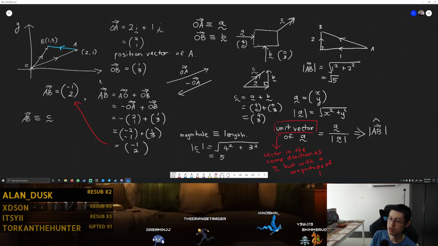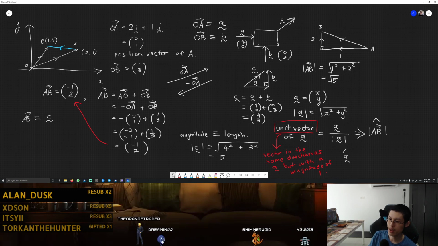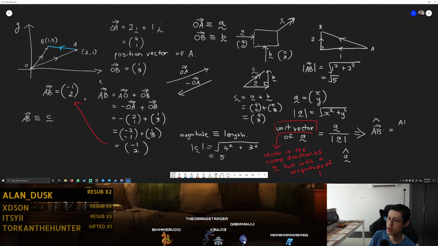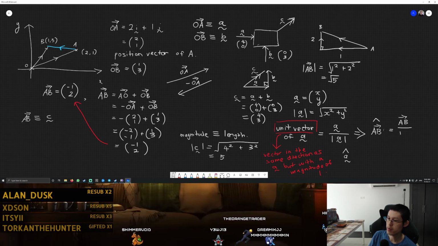If you're using the small letter notation, you write it as A with a hat. So the unit vector of AB, actually you don't have to put the modulus here. You can just put a hat.